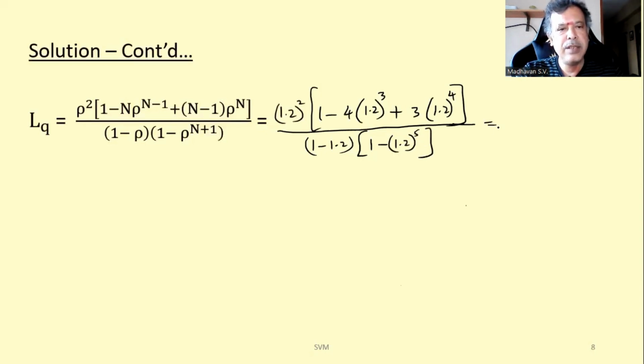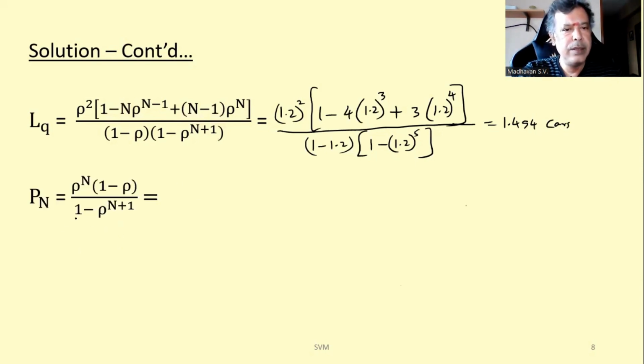If we evaluate this after calculating, we will get the result as 1.494 cars. Rounding off, we can always do that anytime.